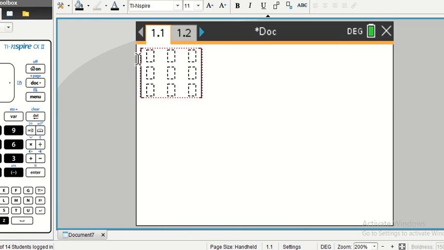Now, the first row represents what Annabelle starts with, the second row, what Brian has, and the third row is what Carl has. And then the columns are what they receive.